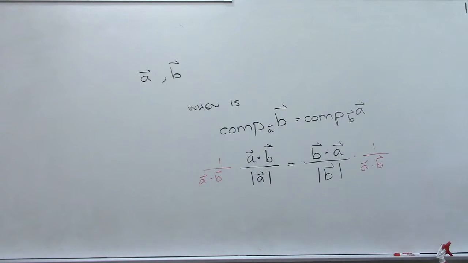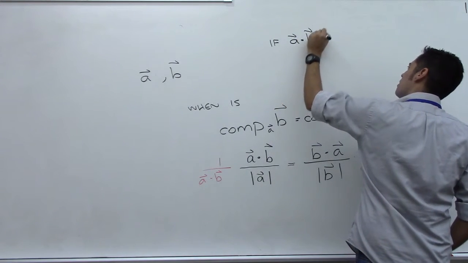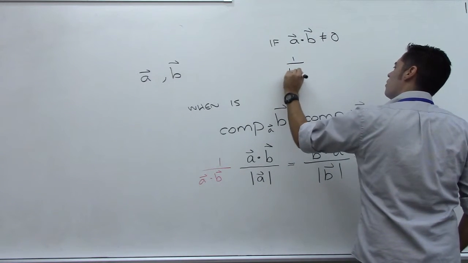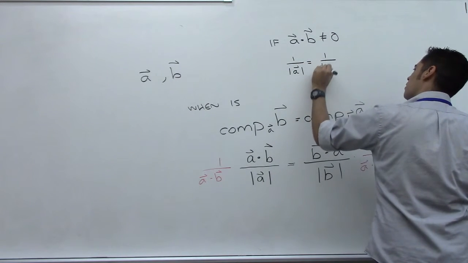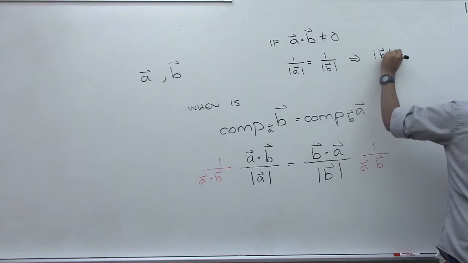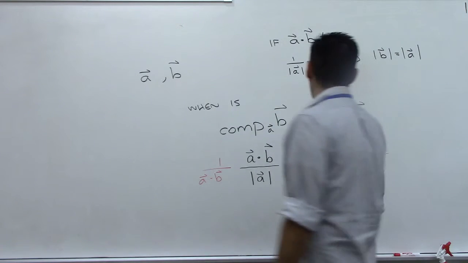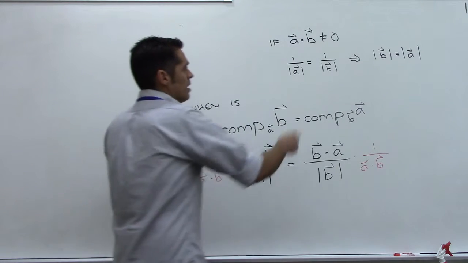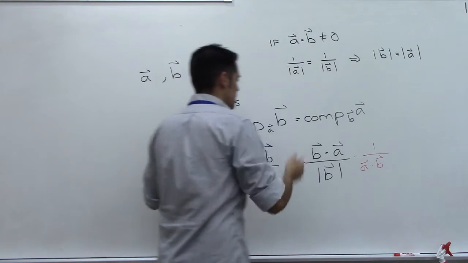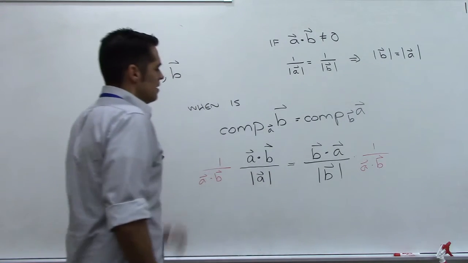So if A dot B is not 0, then I can cancel them out and I get 1 over magnitude of A must equal 1 over magnitude of B, which means that the magnitude of B must be equal to the magnitude of A. So if the dot product is not 0 and the vectors have the same lengths, then the component of B onto A and A onto B should be the same. Does that make sense to you?